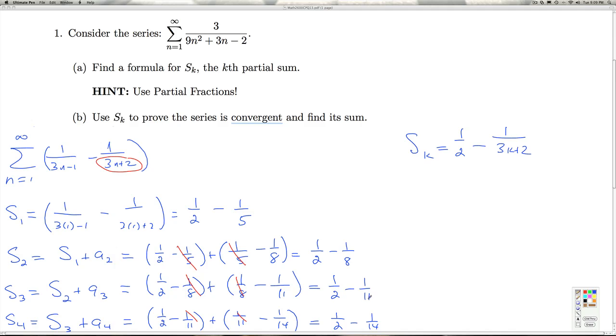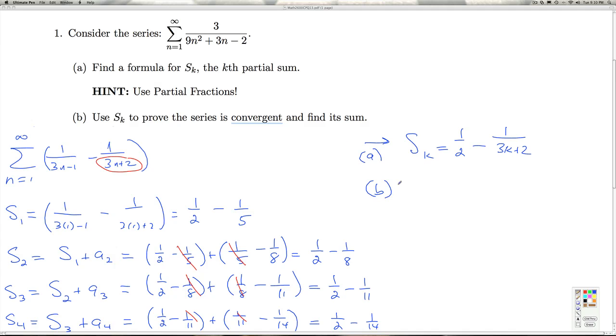K equals 3, and so forth. Now that I've got this, and once again, the formal proof of this formula would come from induction or the arithmetic sum formula or what have you. But this is our formula for S sub k. That's what we're going to use then for part B.